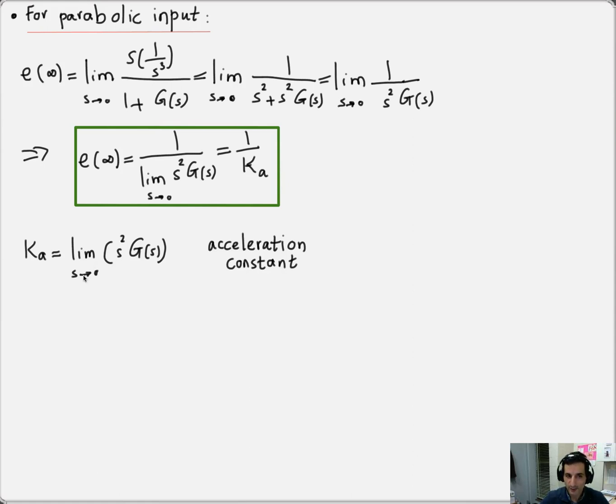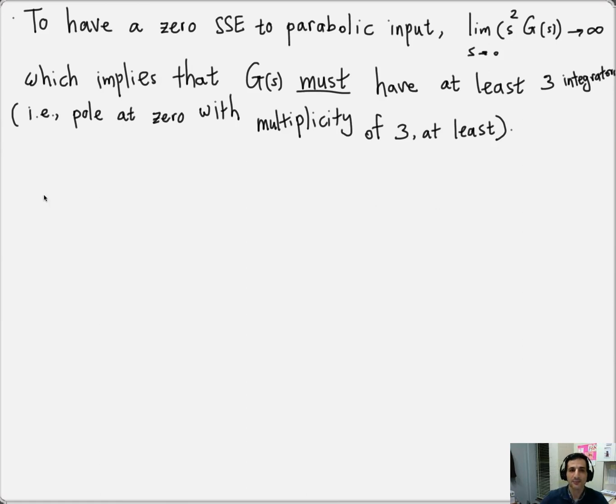When Ka goes to infinity, which is the limit of s squared G of S as s goes to 0, that implies you must have a triple integrator in G of S, which means you must at least have an s cubed term in the denominator of G of S. That also implies a pole at s equal to 0 with multiplicity of at least 3, and that's exactly what you see here.